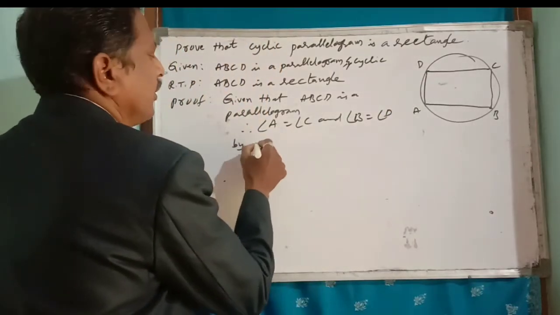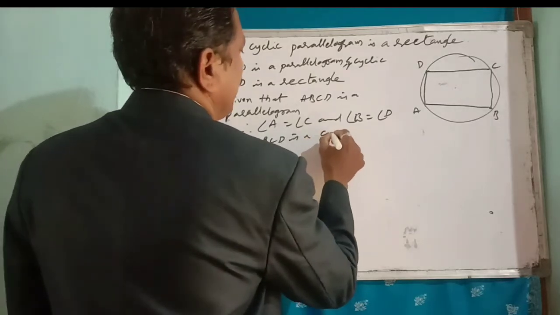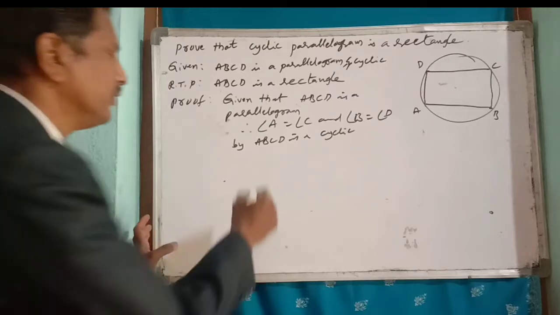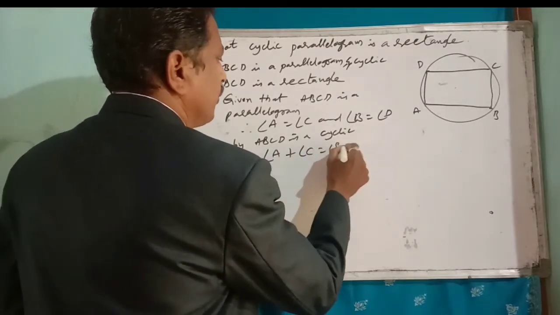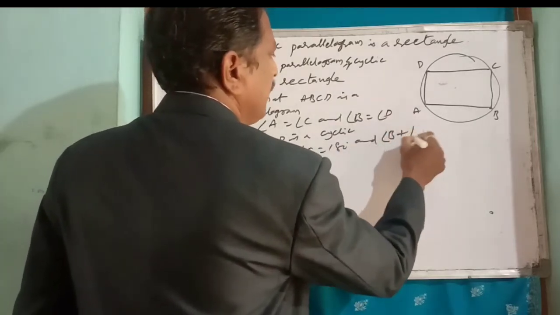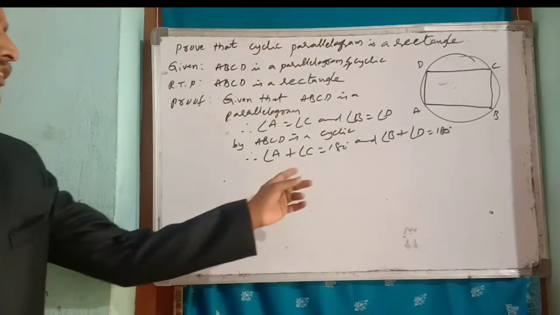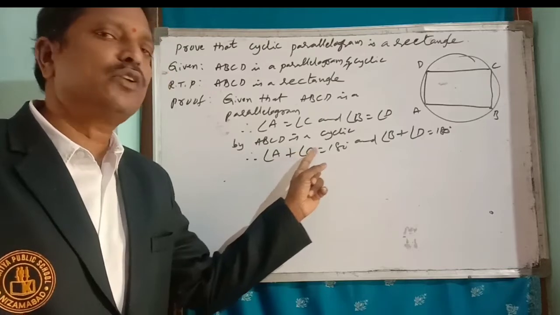But ABCD is cyclic. That is also given. ABCD is cyclic. Therefore, angle A plus angle C equals 180 degrees and angle B plus angle D is also 180 degrees. So children, angle A is equal to angle C, but angle A plus angle C is equal to 180.